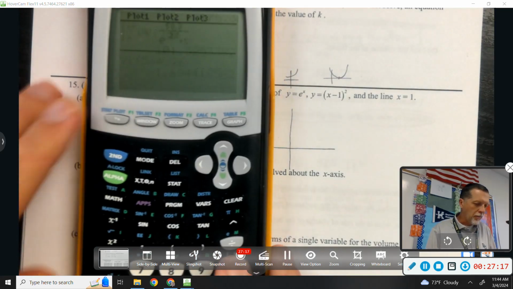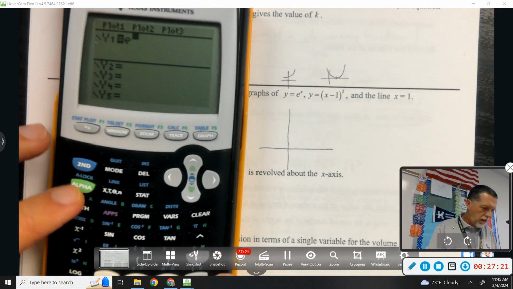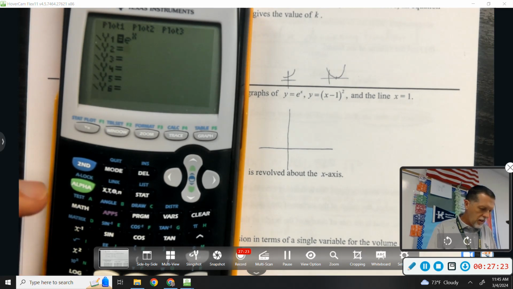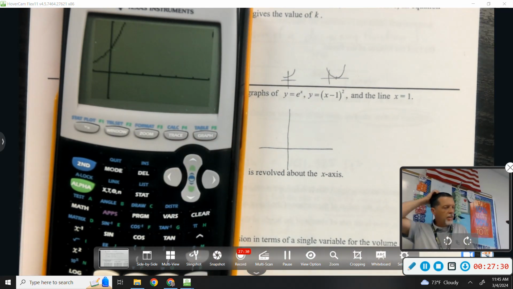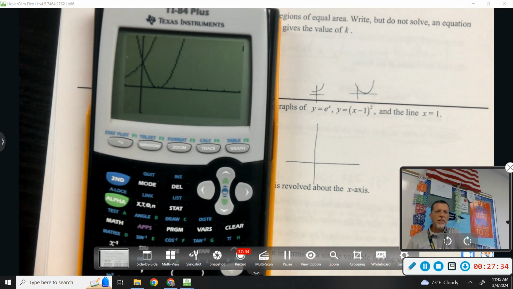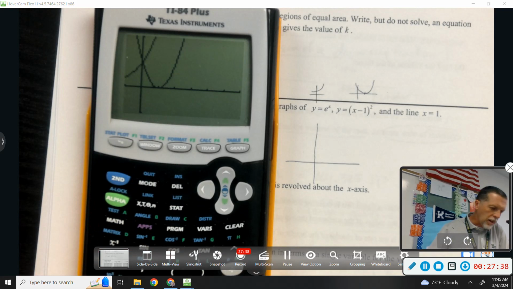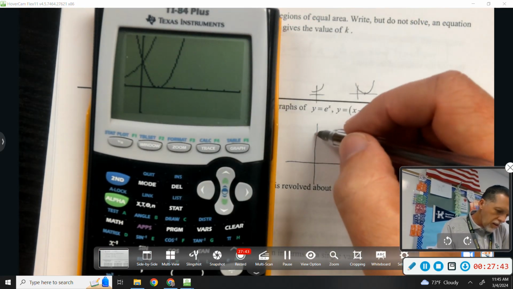So I'm going to graph them. E to the x, x minus 1 all squared. Look at the graph. There's e to the x. My scale's not very good here, but that's okay. There's x squared, and the line x equals 1.